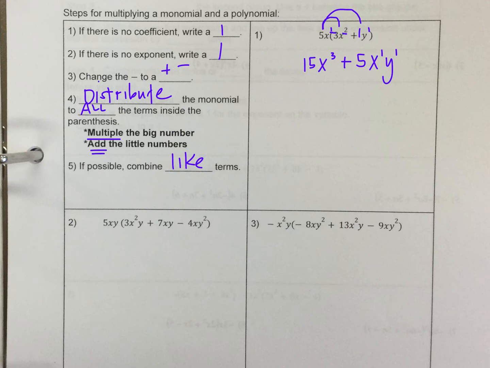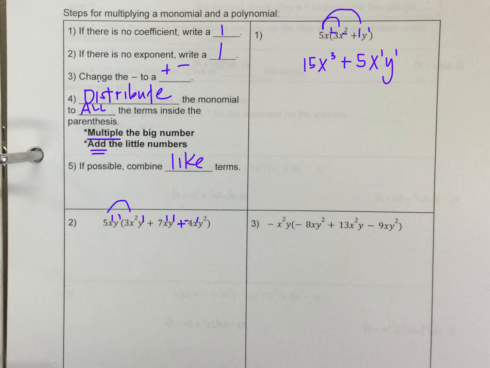Number 2, same thing. First step 1, I'm going to go through. No one needs a 1 in front, but I need lots of 1s on these variables. All right, so now we're ready. Now we're ready to change our minus to a plus negative.